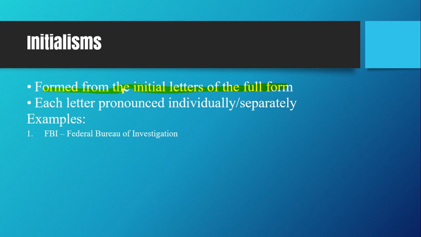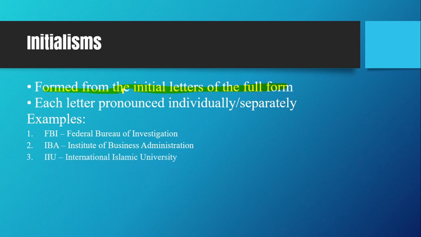Federal Bureau of Investigation. We have taken F from Federal, B from Bureau, and I from Investigation. So FBI is the initialism of Federal Bureau of Investigation. IBA is the initialism of Institute of Business Administration.